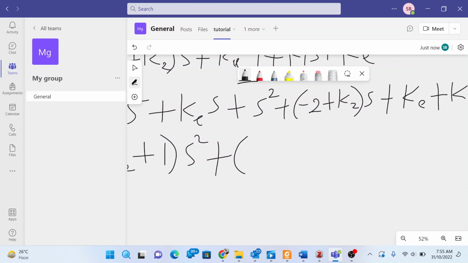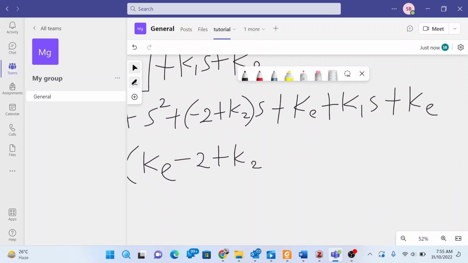So that's this ke, and the one in these brackets, this minus 2 plus k2. Then there's another one down the line, this k1s. So we also need to include it here, k1, all of them are having s.